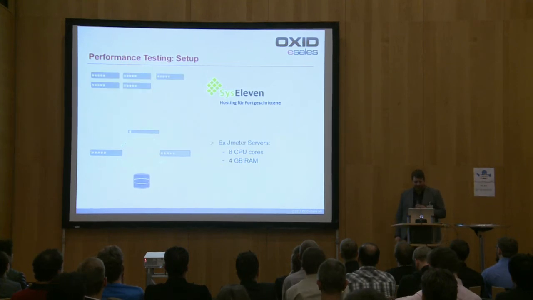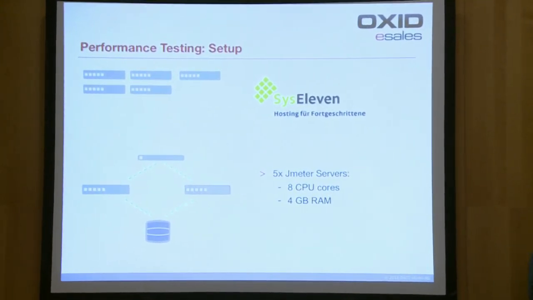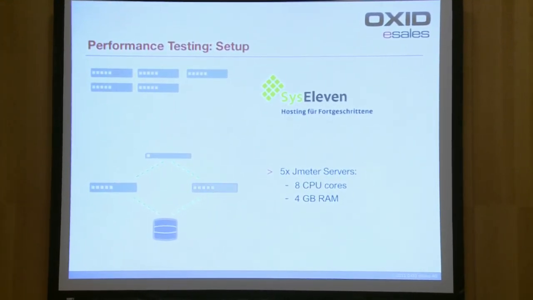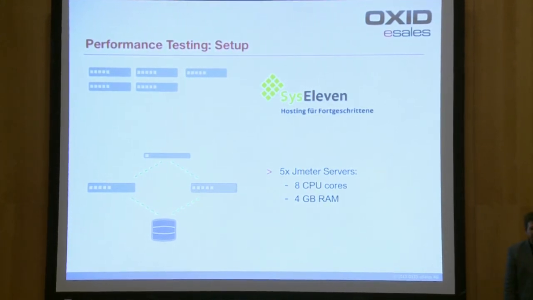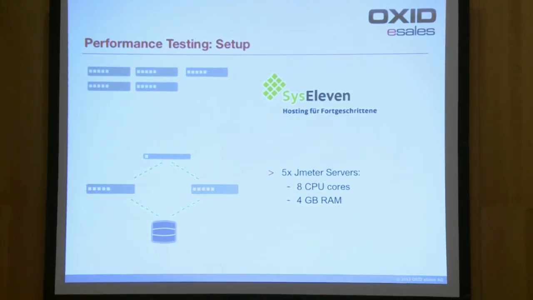How did we test it? Well, we need to simulate users coming to the shop. And of course, they do something. They don't just click around. They also want to order and do a lot of other stuff. For that, we use JMeter. JMeter is a tool which is specially made for it. You can simulate user behavior.